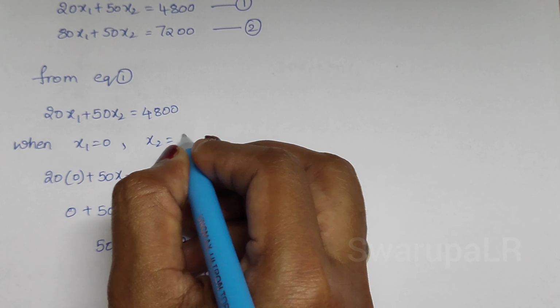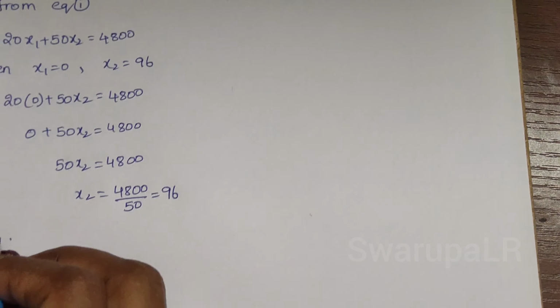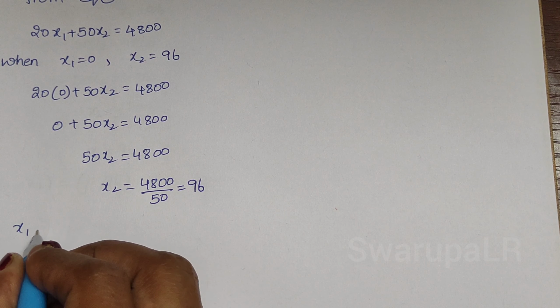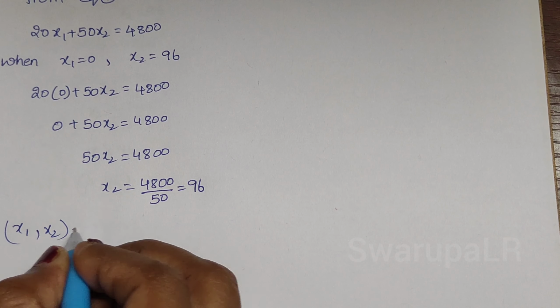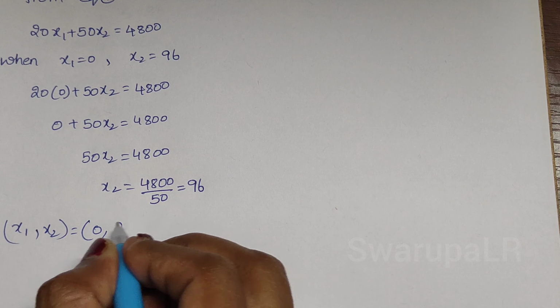We got x2 as 96. So x1, x2, we assumed x1 as 0, so we got x2 as 96.